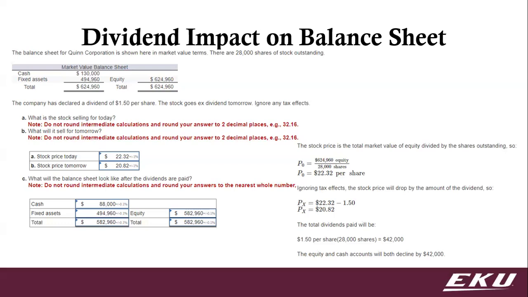And for the balance sheet to work out, equity also goes down by 42,000, right? If it goes down on the left, it has to go down on the right because they both have to balance. And so we pay out the cash and then the shareholders' equity within the firm is lower because they receive that cash from the firm, right? So that's what's going on with that.